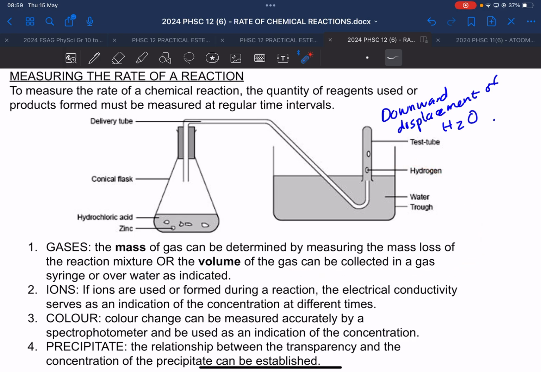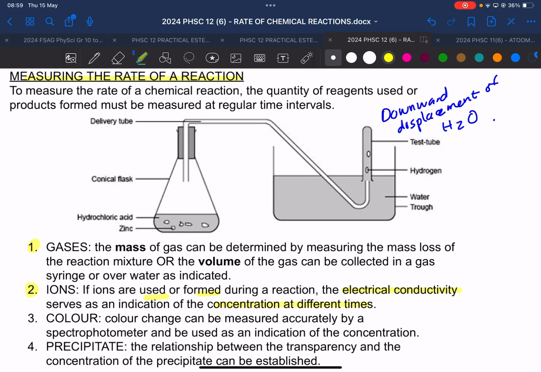Another way in which you can measure the rate of the reaction is if you have ions. Okay, so if you know it's going to form something with a positive or a negative or whatever. I'm going to read in the next page. If ions are used or formed during a reaction, electrical conductivity serves as an indication for the concentration at different times.